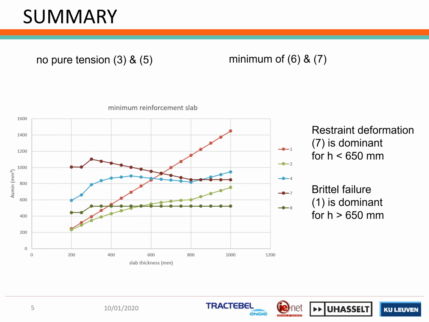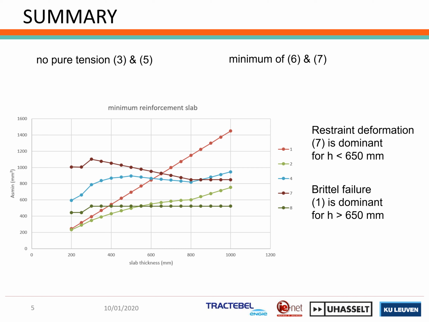Excluding pure tension and using the minimum of method 6 and 7, this results in the following graph. We can see that restraint deformation, which is method 7, is dominant for a slab thickness smaller than 650 millimeters.